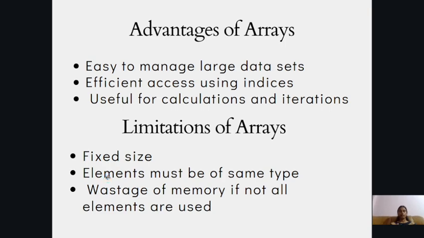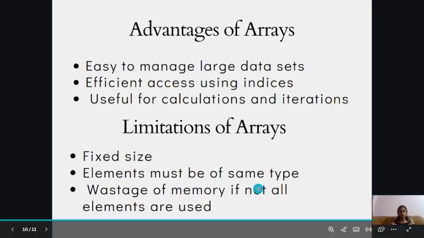If you take int a[5], you must give 5 values only. If you give fewer values, it automatically takes 0, but the size is fixed. Elements must be of the same type. There is wastage of memory if not all elements are used.